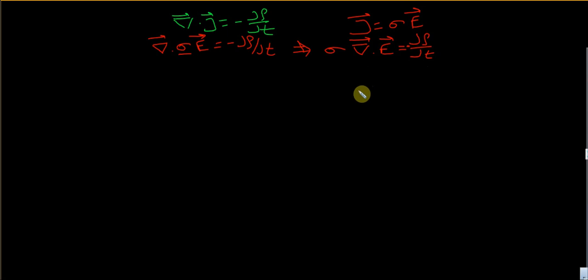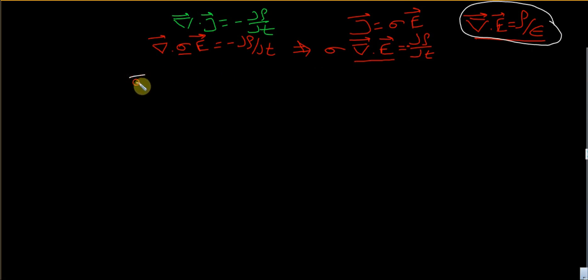Now we know from Gauss law that del dot E is equal to rho by epsilon. This is the Gauss law in the differential form or point form. So put the value of del dot E from this equation.